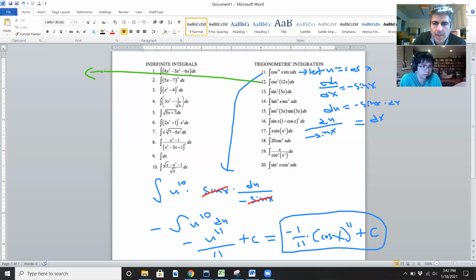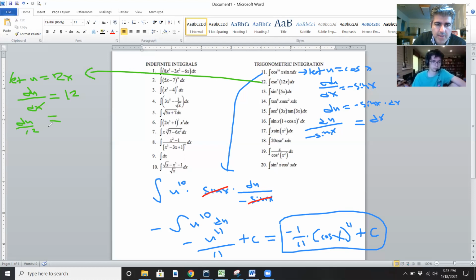Okay, so it's cosecant squared 12x. Actually, let u equal 12x. The reason why I'm letting u equal 12x is because there's actually a formula for cosecant squared. And of course, the derivative of u is 12. If you move things around, you get du over 12 equals dx.